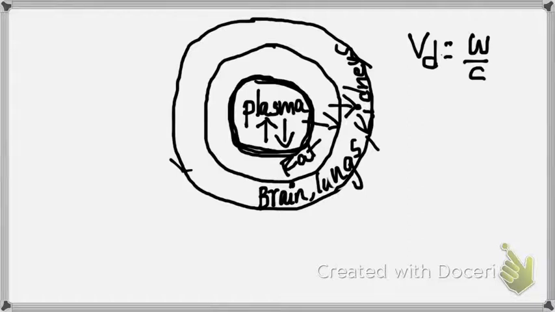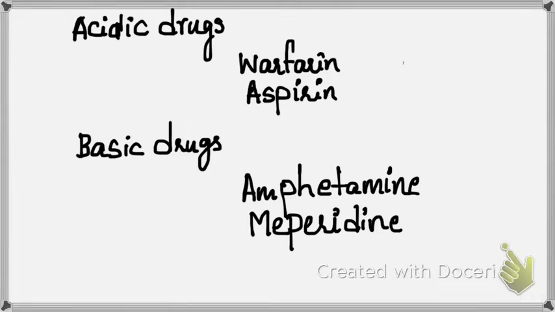And drugs which tend to remain more in the circulation tend to have a low volume of distribution. Some examples: acidic drugs like warfarin and aspirin tend to have a very small apparent volume of distribution because they are highly plasma protein bound.